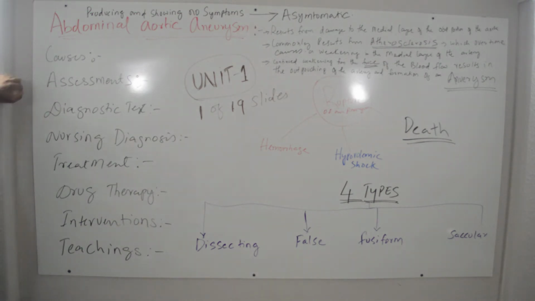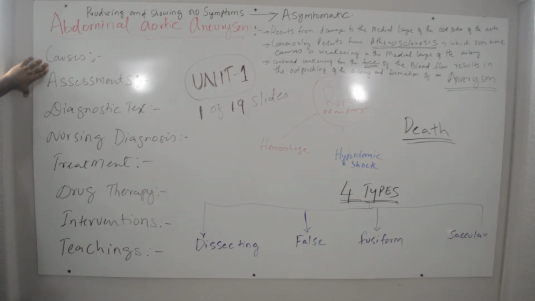Now let's see some causes of abdominal aortic aneurysm. Some causes of abdominal aortic aneurysm are atherosclerosis, congenital defect, hypertension, infection, Marfan syndrome, syphilis, and trauma. Okay? So let me repeat that one more time. Atherosclerosis, congenital defect, hypertension, infection, Marfan syndrome, syphilis, and trauma.